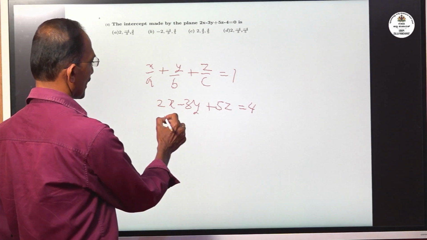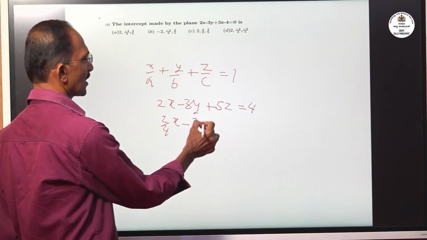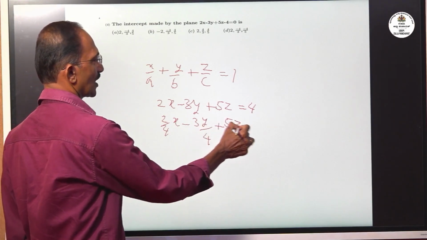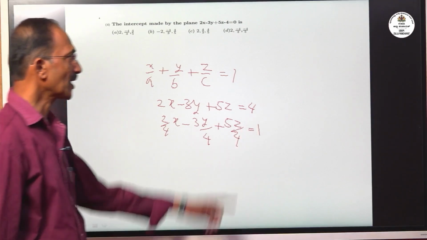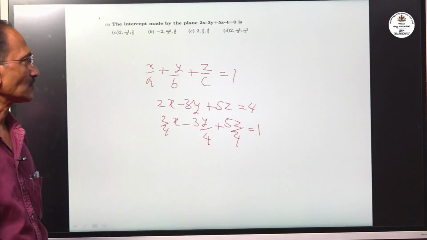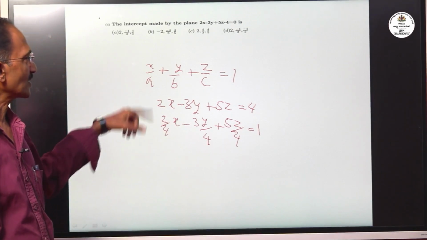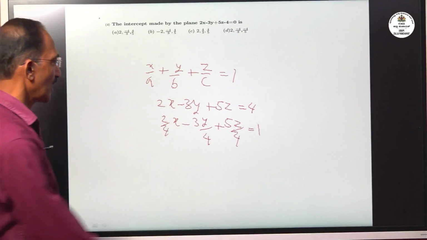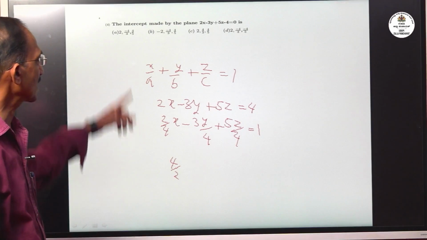So we get 2x by 4 minus 3y by 4 plus 5z by 4 equals 1. On the right-hand side we got 1, and on the left-hand side the x component, x by a, gives the x-intercept: clearly x by 4 by 2, with 4 by 2 in the denominator, which is exactly equal to 2.